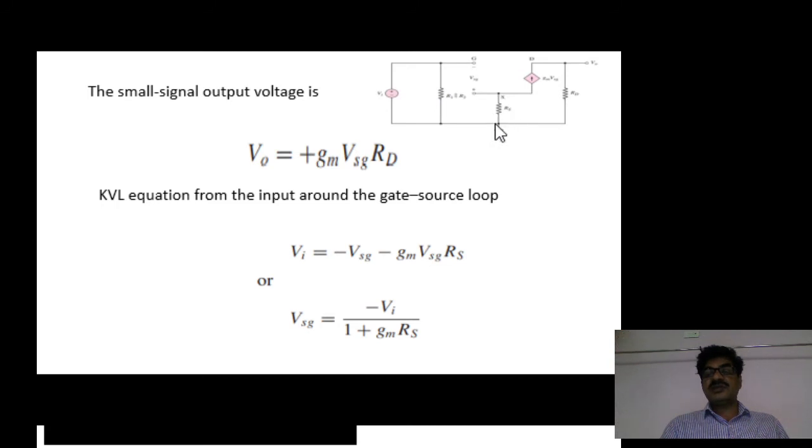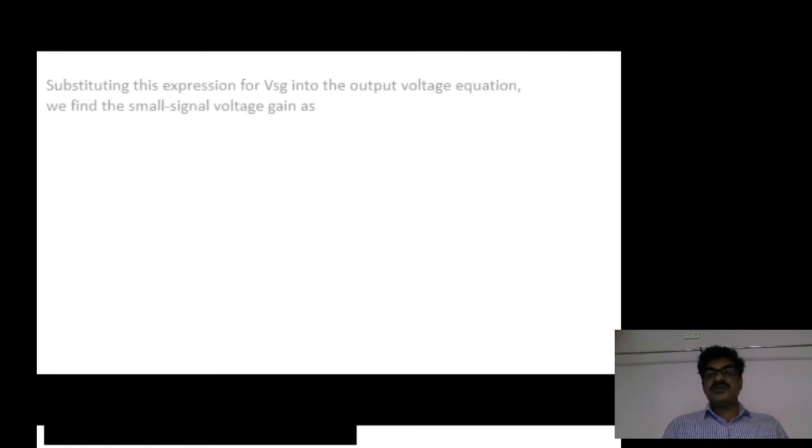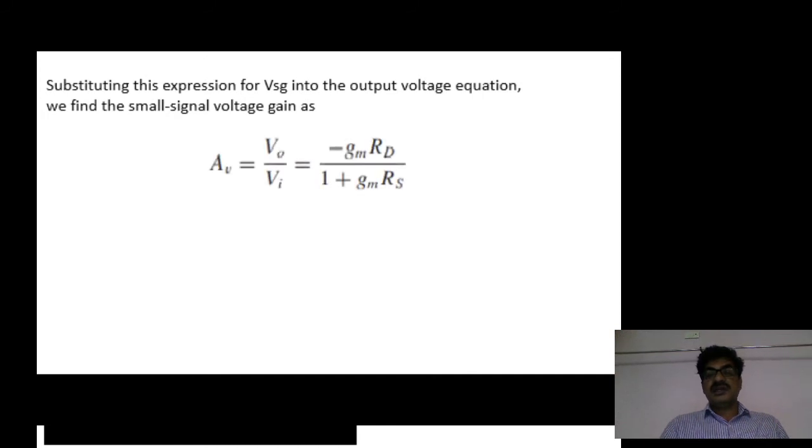How much is the drop across RS? Minus gm VSG times RS, because this is the current flowing through this resistor. Therefore, from this, VSG equals minus VI divided by 1 plus gm RS. Now substitute this VSG in the output voltage equation. Hence, we get the voltage gain AV equals V0 divided by VI, which equals minus gm RD divided by 1 plus gm RS.